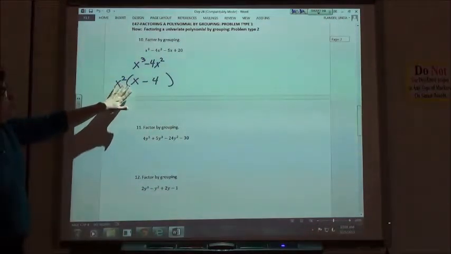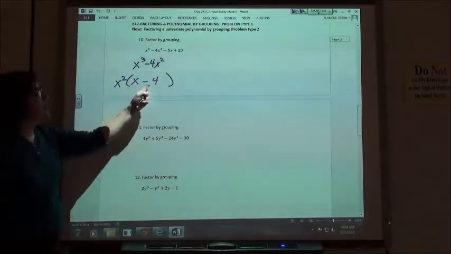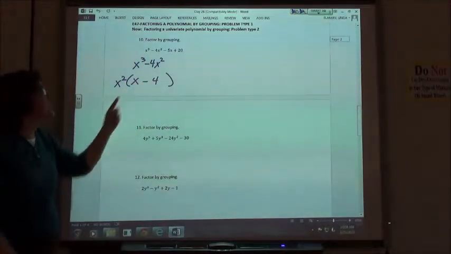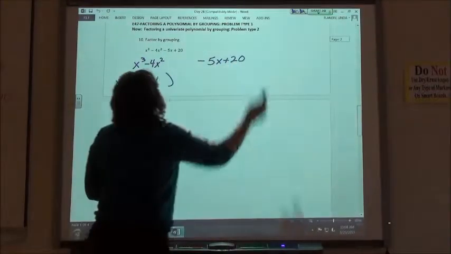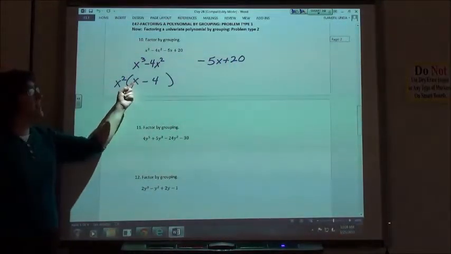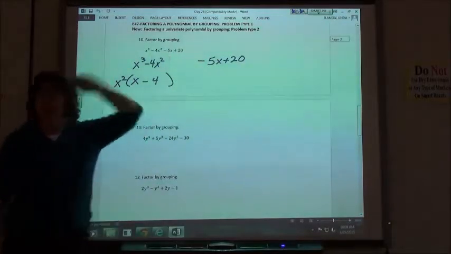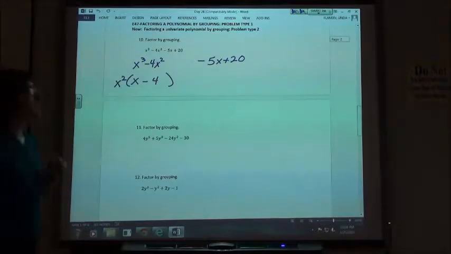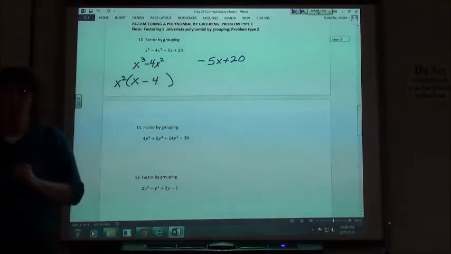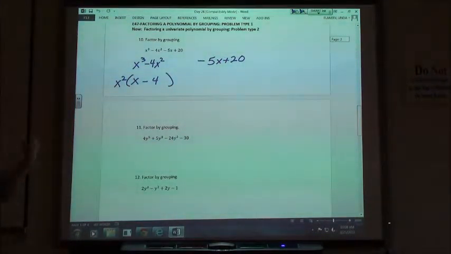So when I do my other 2 terms, what I want to have happen is I want to get the exact same thing in the parentheses. If I have negative 5x plus 20, but I want to end up with a positive x, what do I have to divide out of my negative 5x? The negative 5, right?